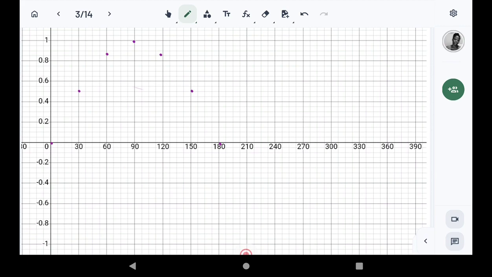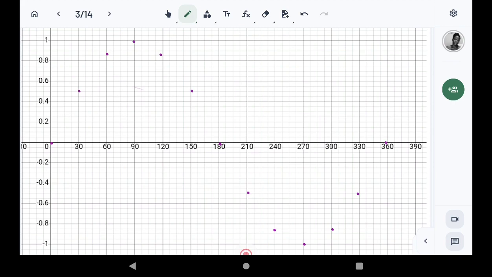At 210 it goes to negative half. This is where negative half is. At 240, that's negative 0,87. And then you reach negative 1 at 270, goes back to negative 0,87, negative half, and then back to 0.